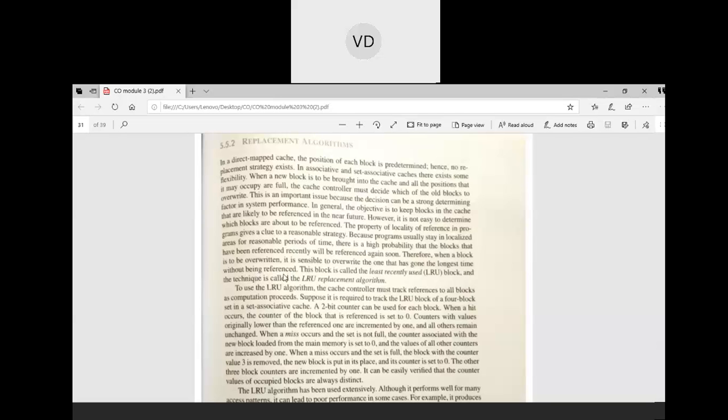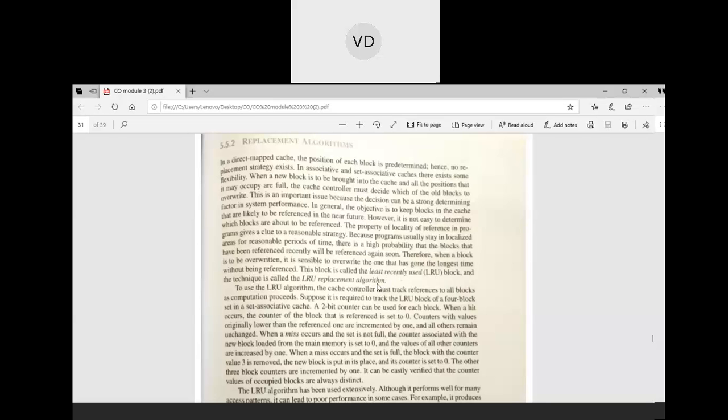So such a block you are going to replace. Least recently used means the block which has been present in the cache memory for a longer time and is used very little. That block will be replaced in the least recently used algorithm.